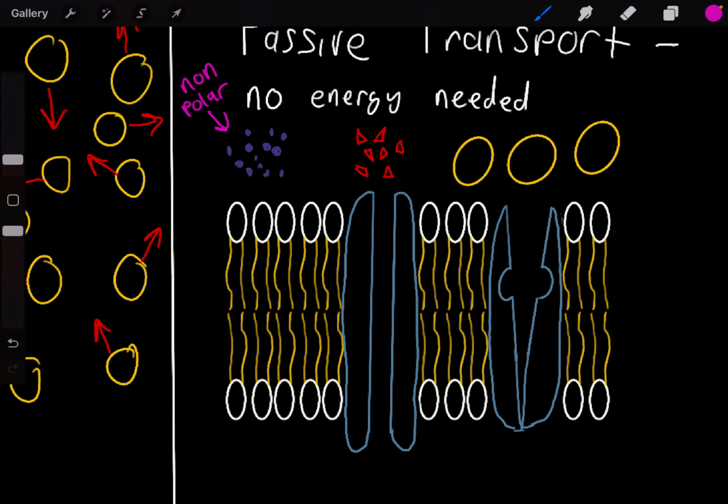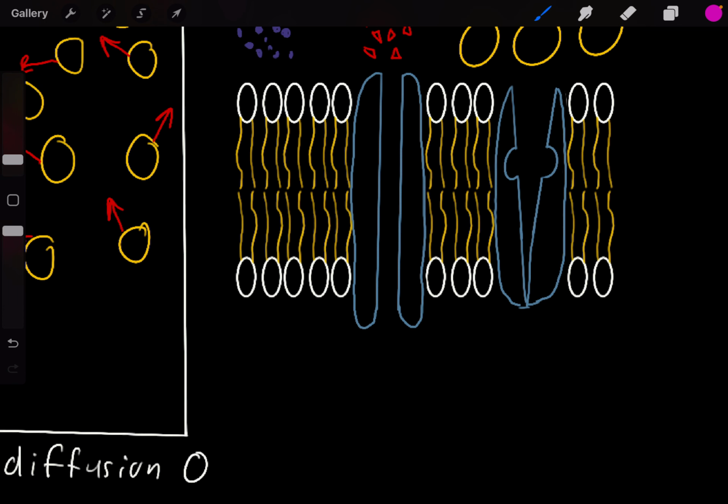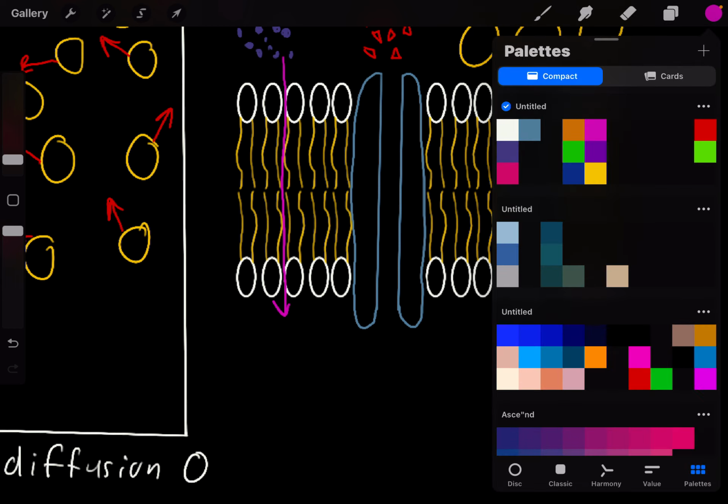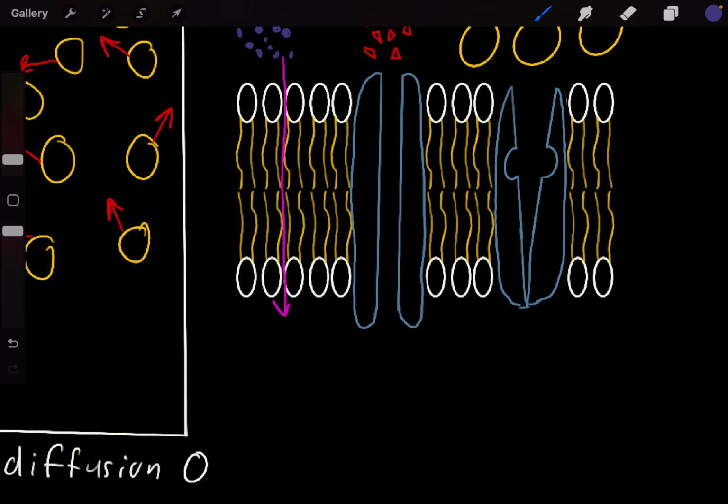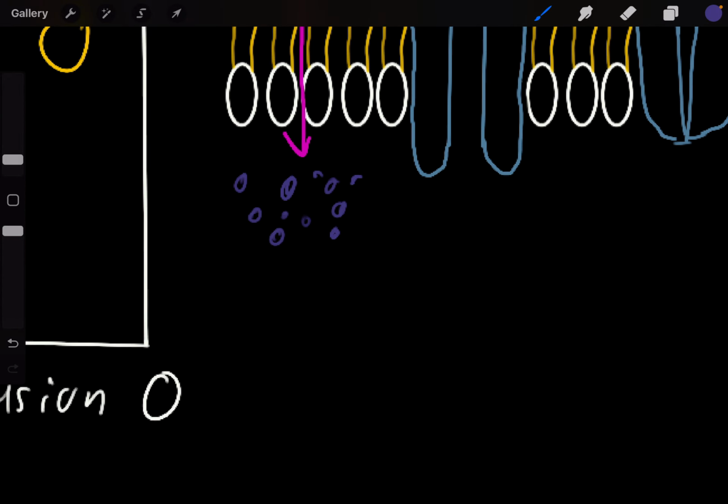If they're non-polar, all they have to do is go right through the membrane. You'll have the molecules on this side in no time, because it is called simple diffusion.